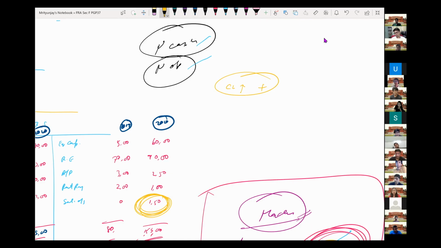If current liability going up is positive, then current liability down should be what? Negative. If current liability down is negative, then current asset down should be what? Positive. If current asset down is positive, then current asset up should be what? Negative. So I just derived the rest all as corollary.